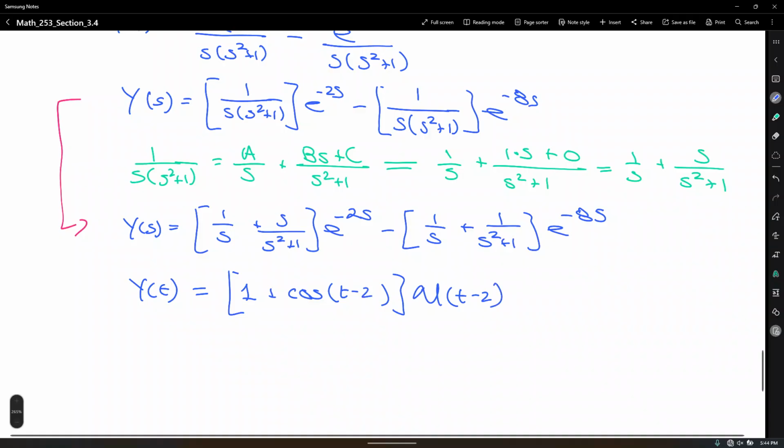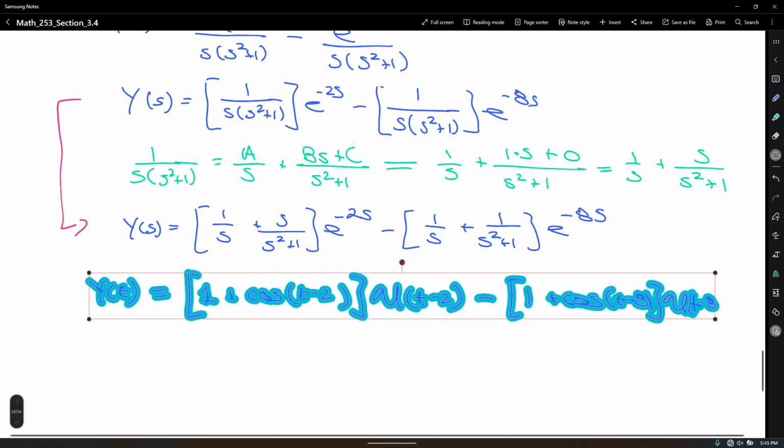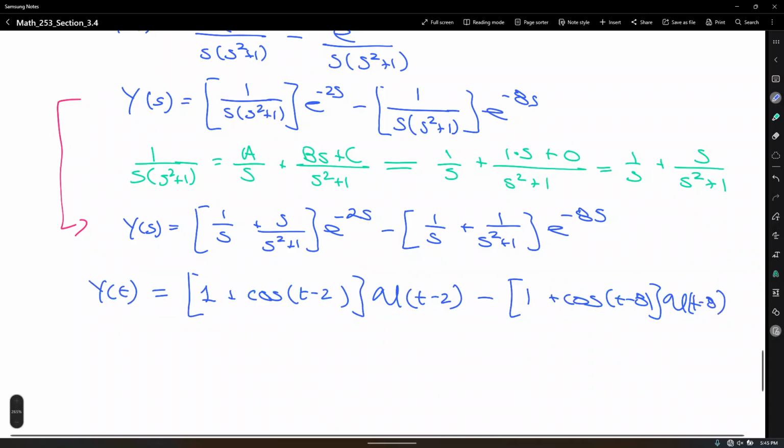Minus, in brackets, 1 minus cosine of t, but the shifting goes at 8, right? And guys, this is our solution to the differential equation. And yes, I skipped the partial fraction decomposition because I want to do another example. I also want to move on through the topics. You guys know how to work partial fractions, all right?